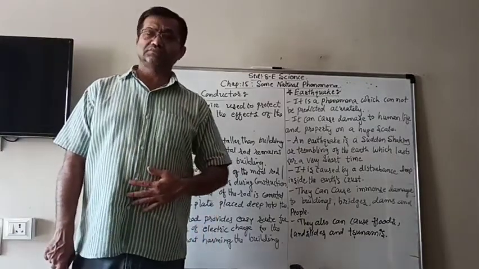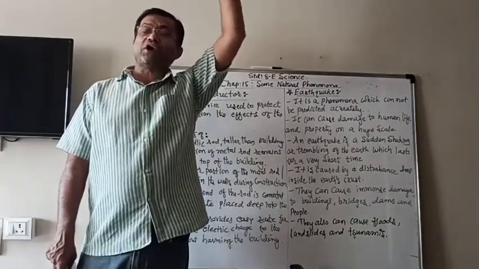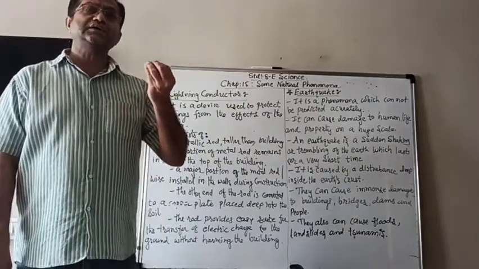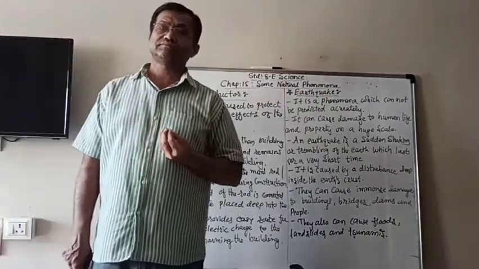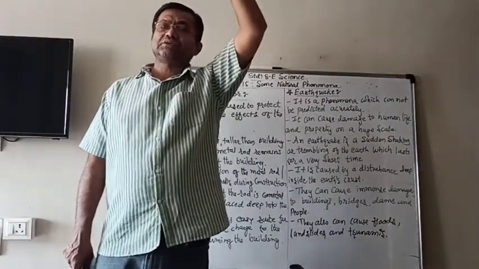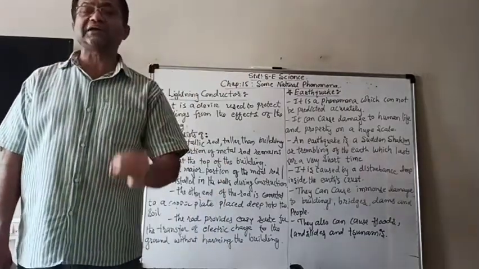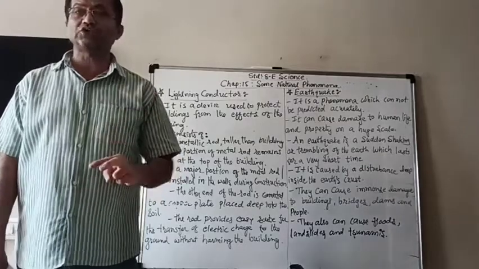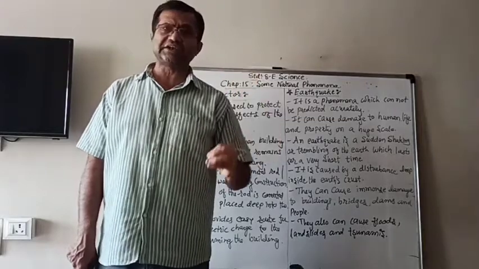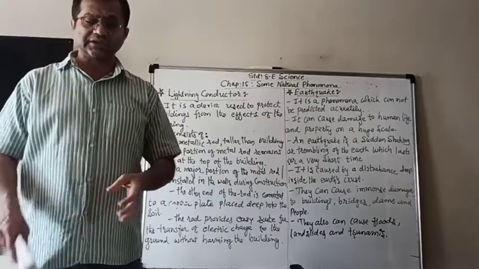It is used on the top of the building. When lightning falls, it will first fall on the lightning conductor and go directly to the ground without damaging the building. So up to some extent we can save our building from lightning.